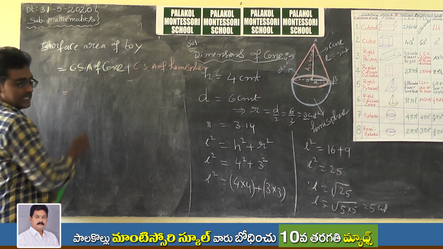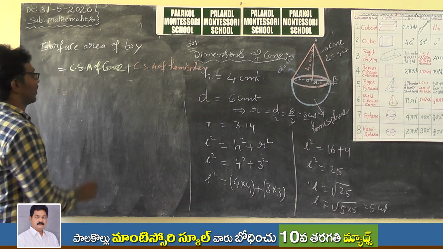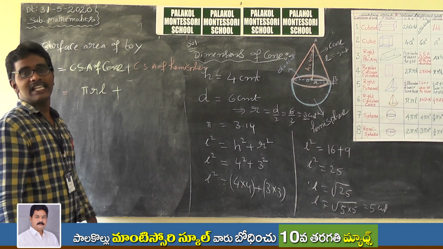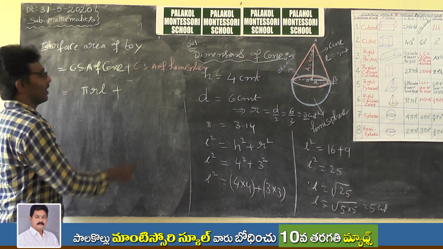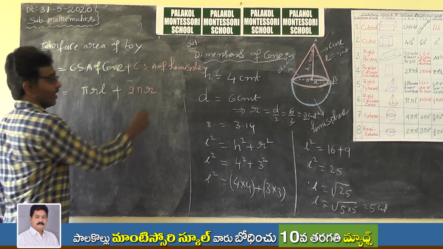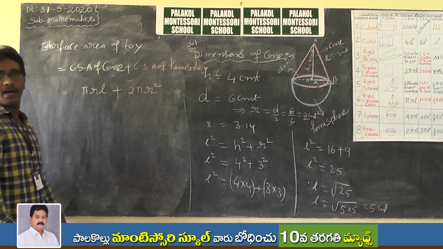Okay, what is the CSA of the cone formula? Pi r l, plus the CSA of the hemisphere formula, 2 pi r square.